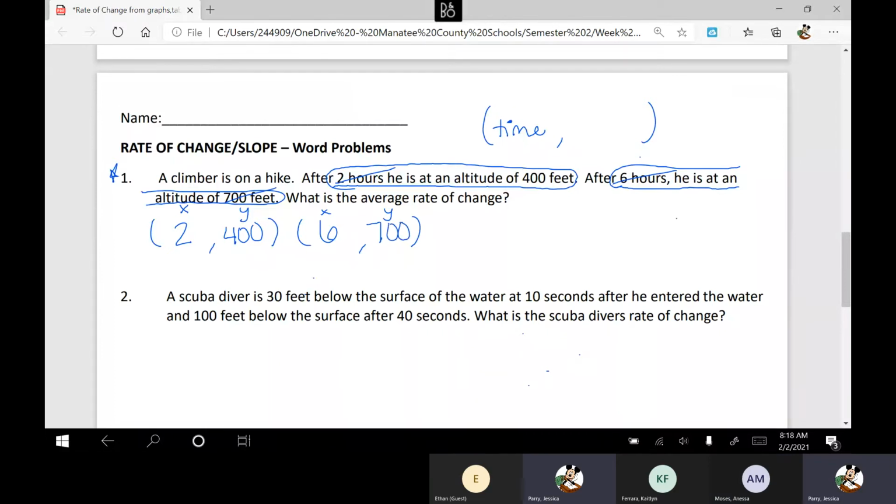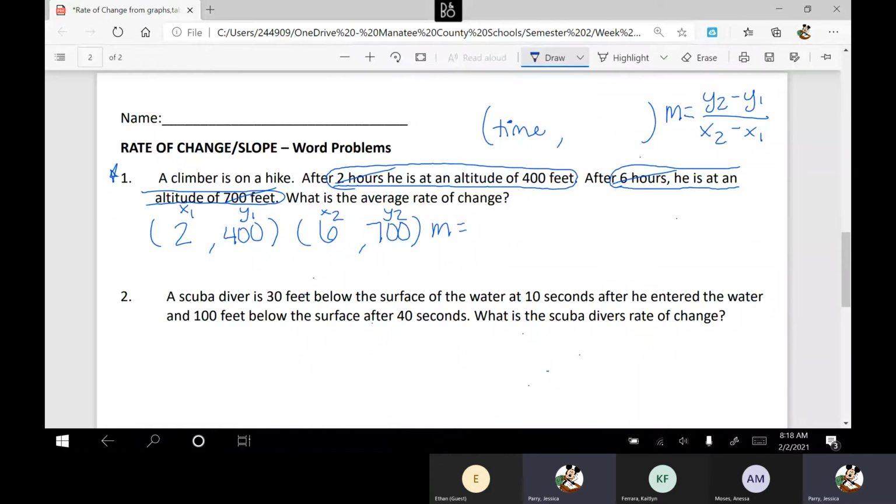Okay. And then for this one, again, we're using our slope formula. M equals y2 minus y1 all over x2 minus x1. Let's just finish labeling these points. This is our first point. This is the second point. So now I'm going to look for my y2 minus y1.